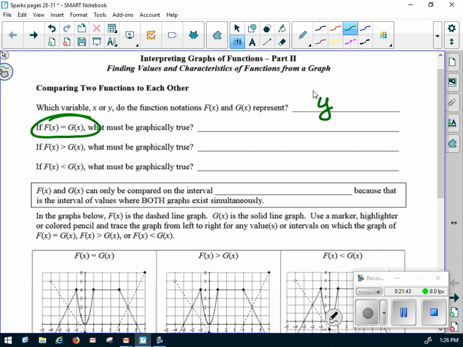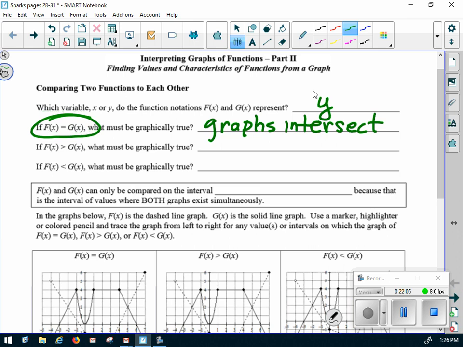Their x and y values will be the same, won't they? Yeah. So the graphs intersect. Same y value.